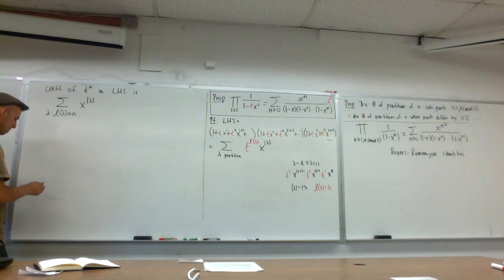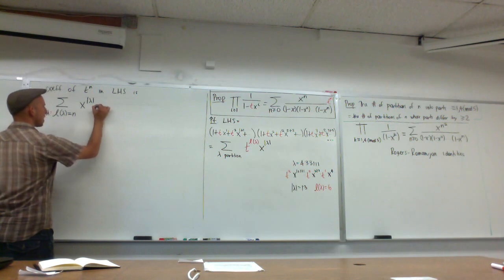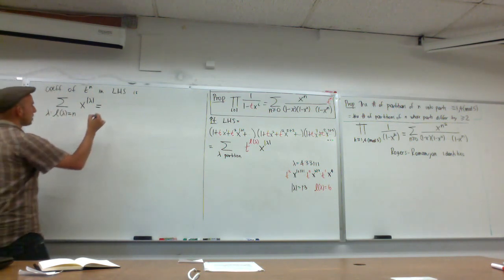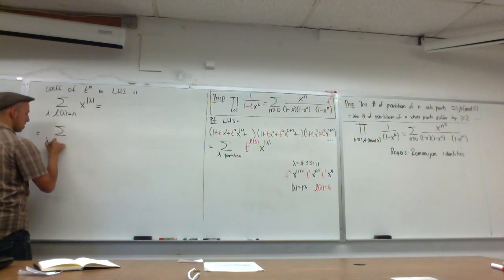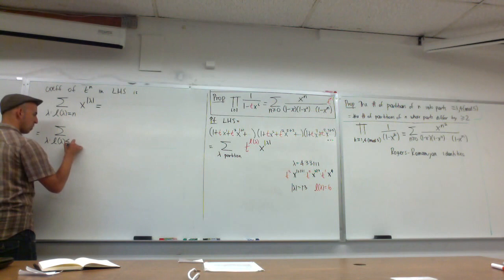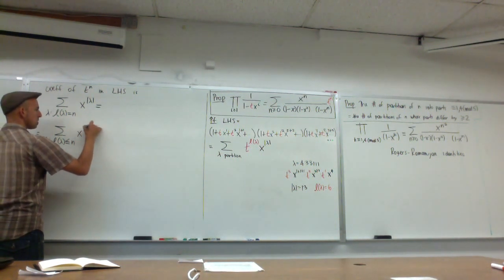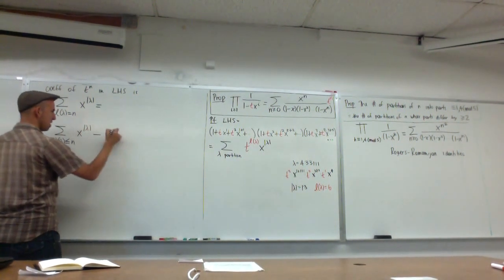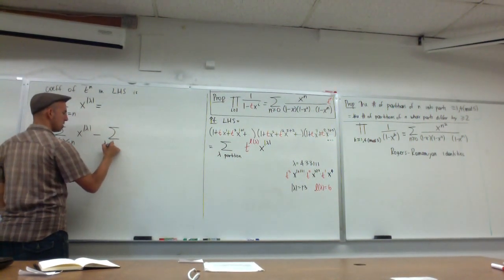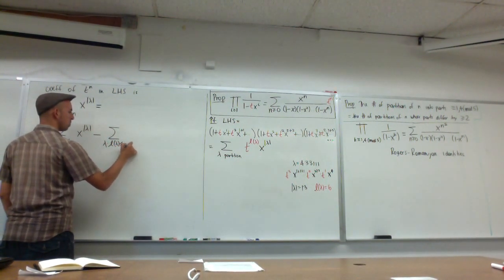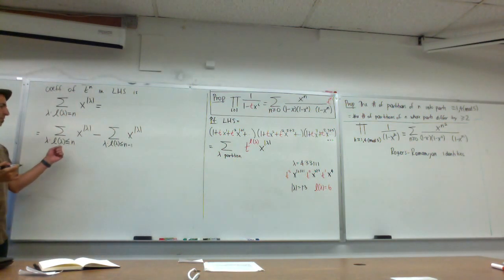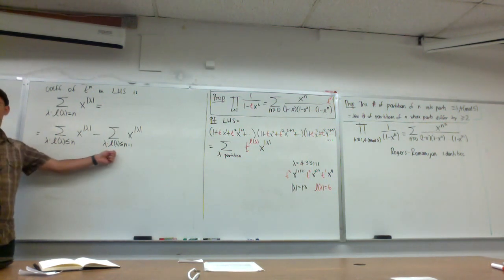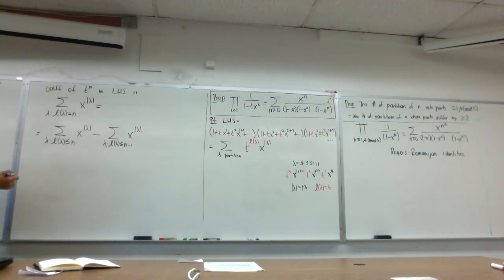So maybe I'll remind you exactly what that looked like in a second, but let me just say that this is the same thing as the sum over partitions of length at most n minus the sum over partitions of length at most n minus 1. Right? If you look at the things that are at most n and you subtract the things that are at most n minus 1, then you're left with the ones that have length exactly n.